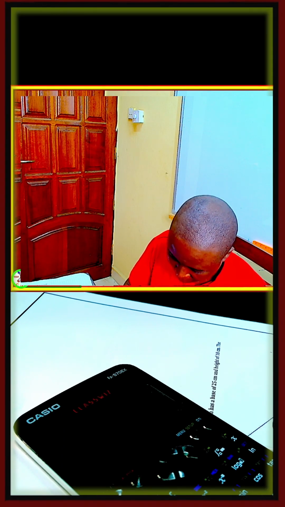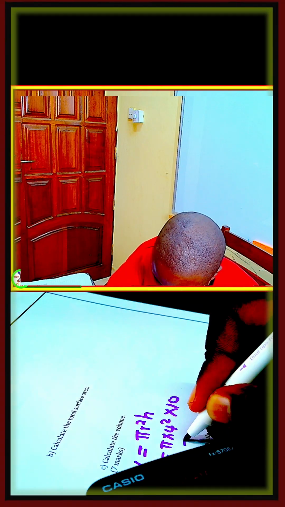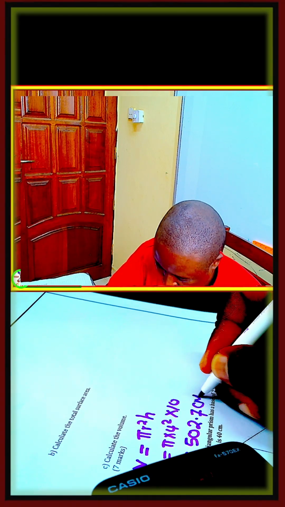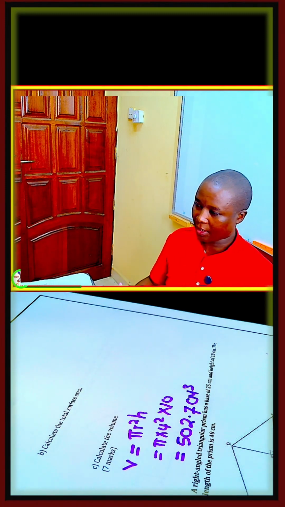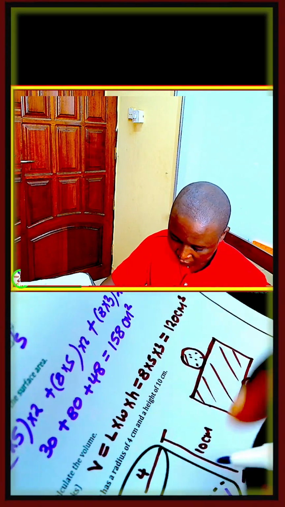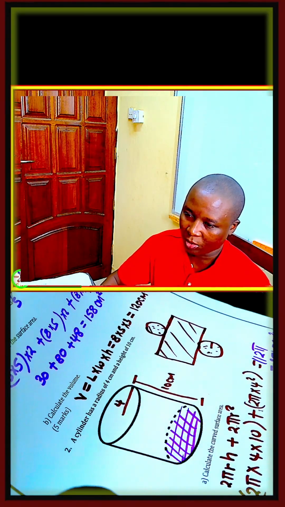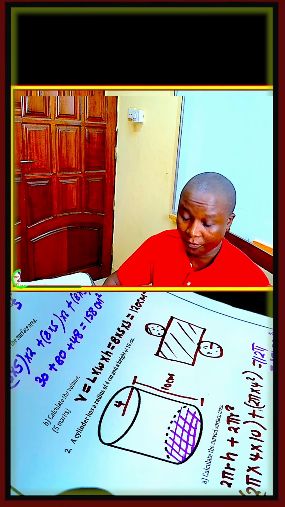If you work it out, this is going to be 502.7 centimeter cubic. That becomes the volume of this particular cylinder. You find the area of the base times the height in order to work out this volume.